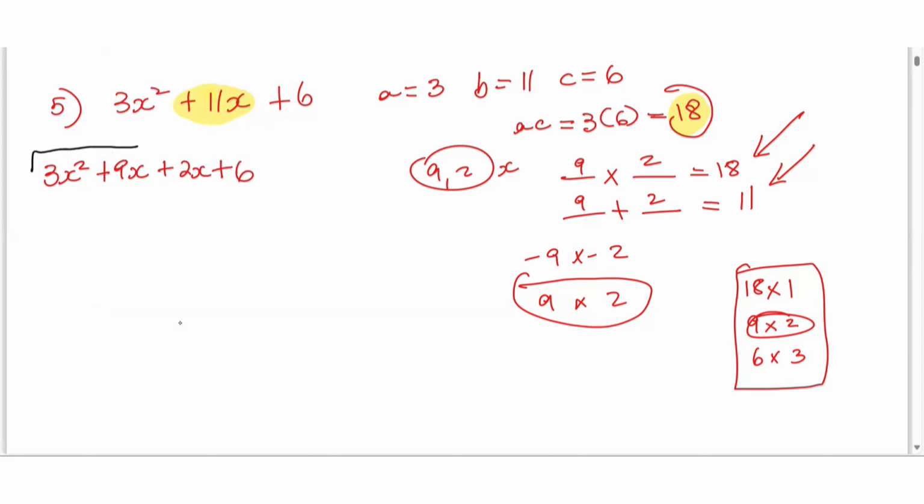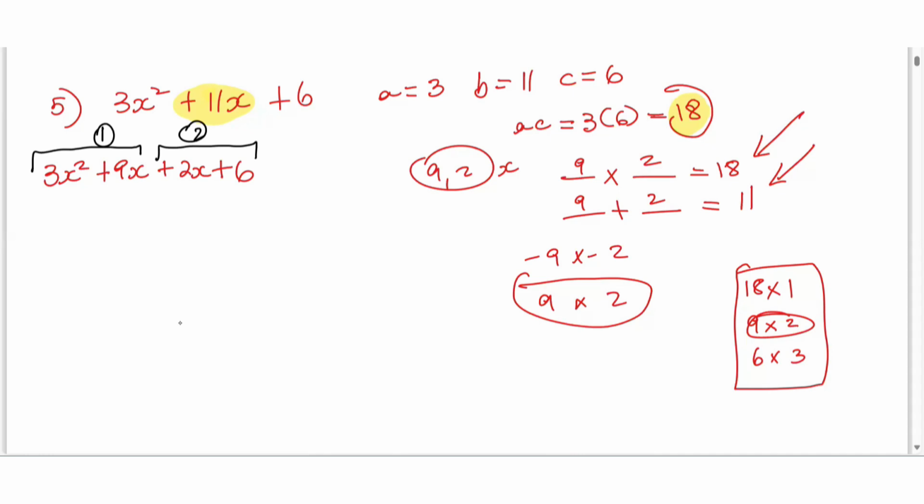So this is my group 1, and this is my group 2. Now, if you're asking how you will know if you should put the 9 first or the 2 first, it does not matter. If you had put 2x here plus the 9x after, it still will work itself out. And that is the beauty of choosing the right things.